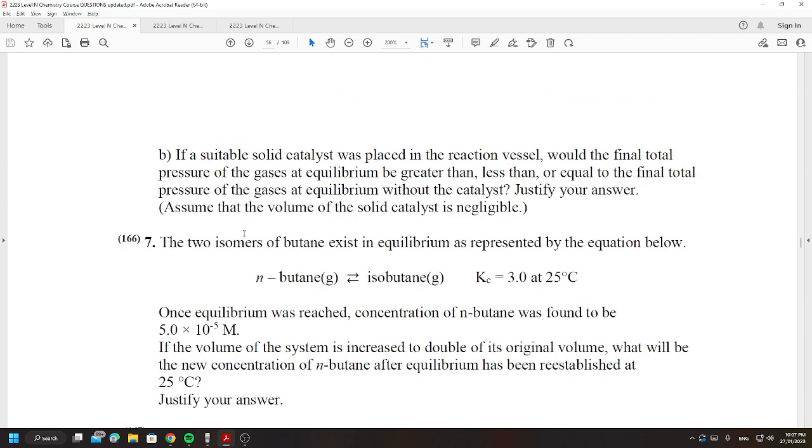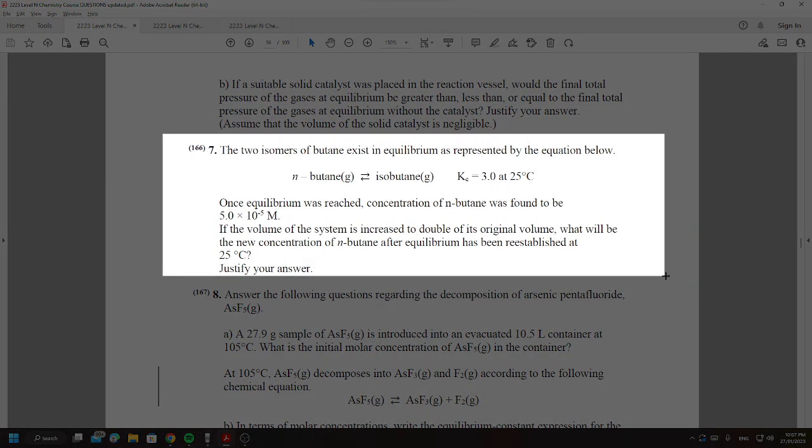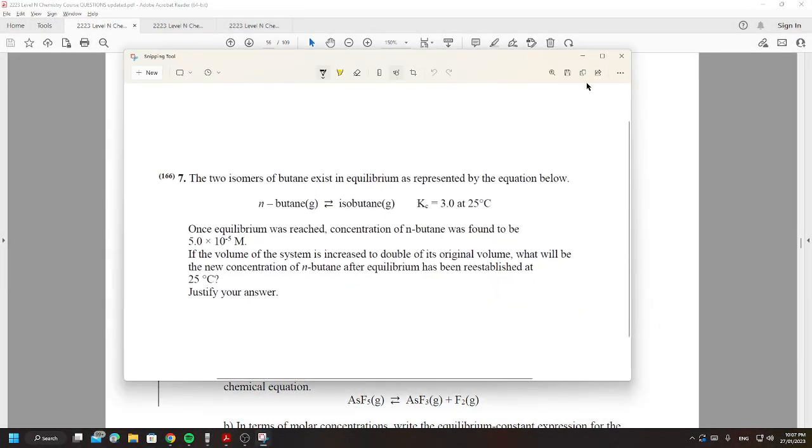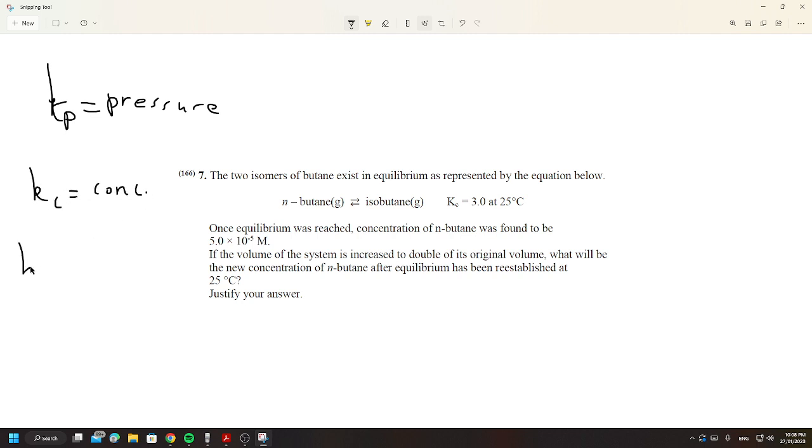By the way, I'm just going to write down some things for you guys. I'm going to write them down here and send them as notes on the group chat. Kp refers to pressure. Kc refers to concentration. Kw refers to water.